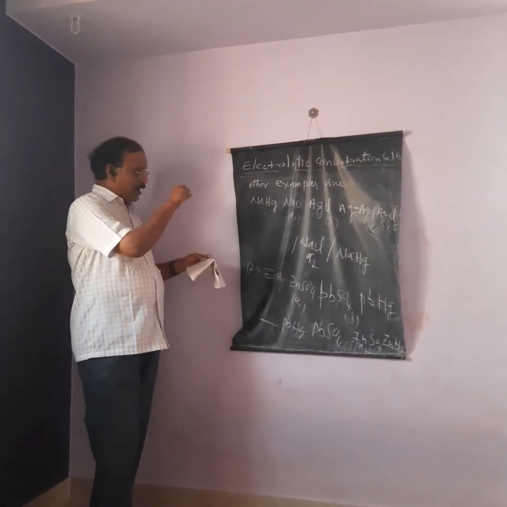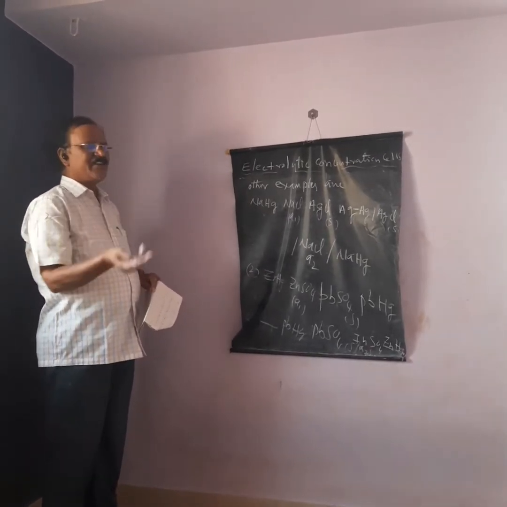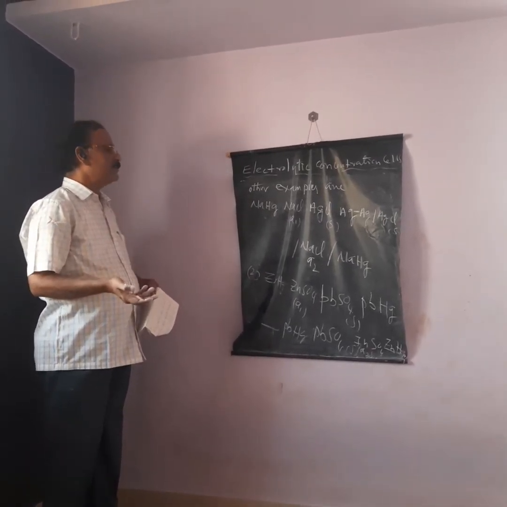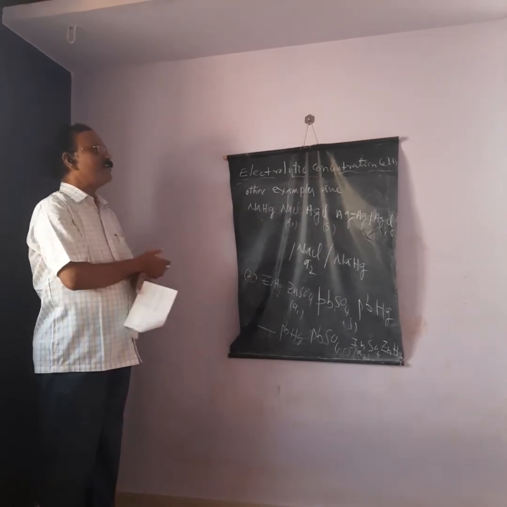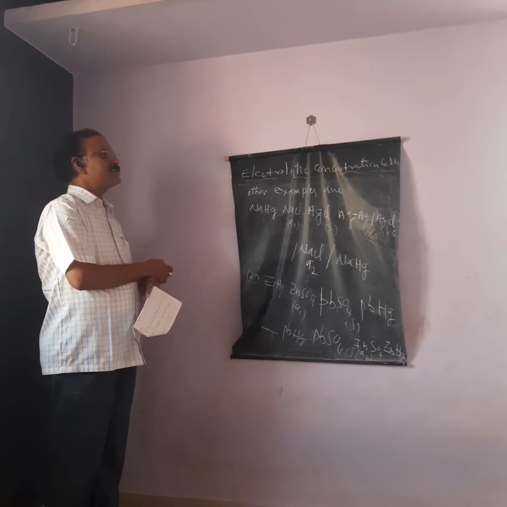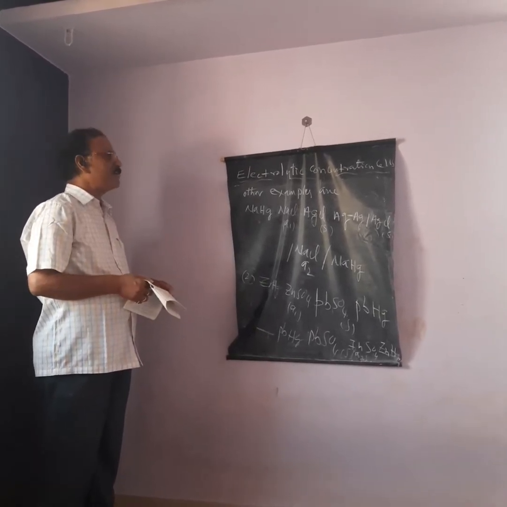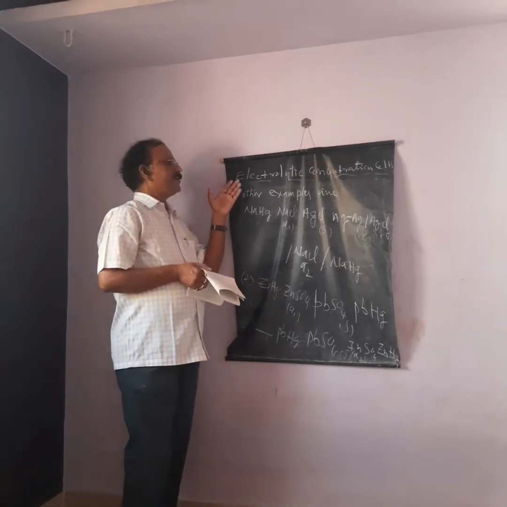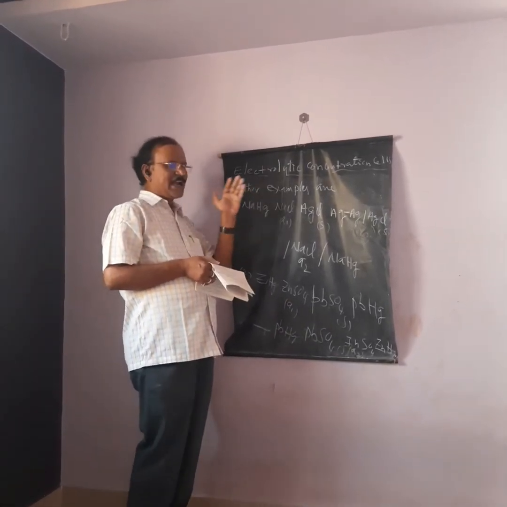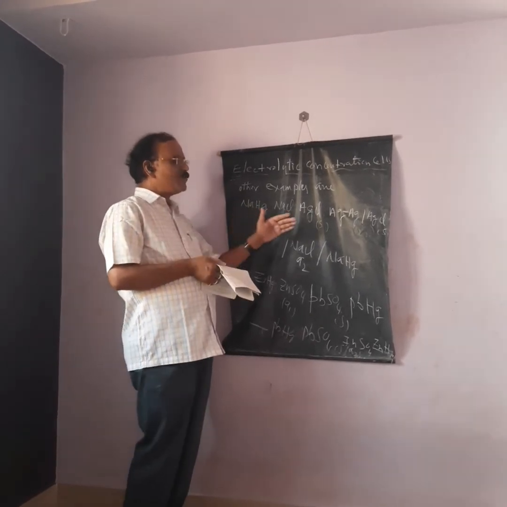So it is called a concentration cell. Later I will give another definition, the types of electrolytic concentration cell. There are two types: one is the electrolytic concentration cell with transference, another is the electrolytic concentration cell without transference.